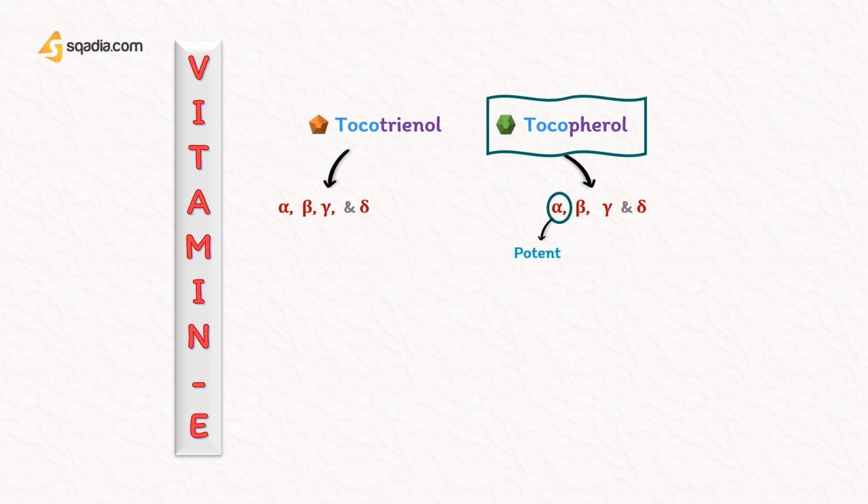Alpha form is most potent and gamma form is most abundant among all forms. Let's see the chemical structure of tocopherols. All these forms, alpha, beta, gamma, and delta, differ in the position of methyl or CH3 group on the chain.